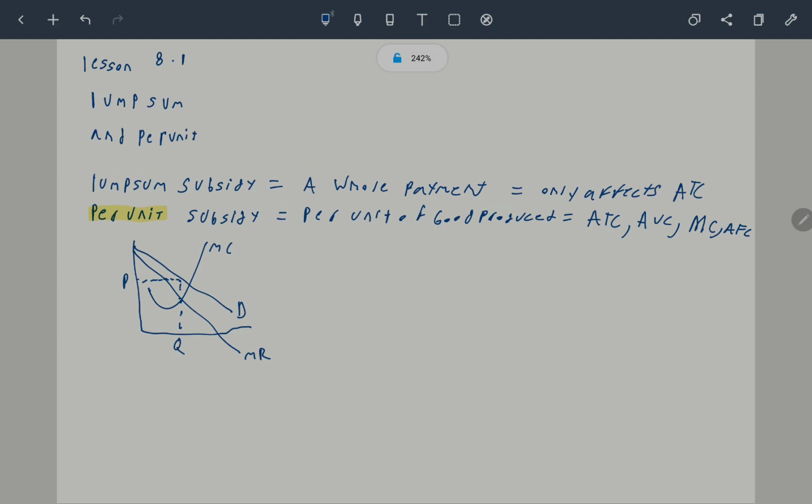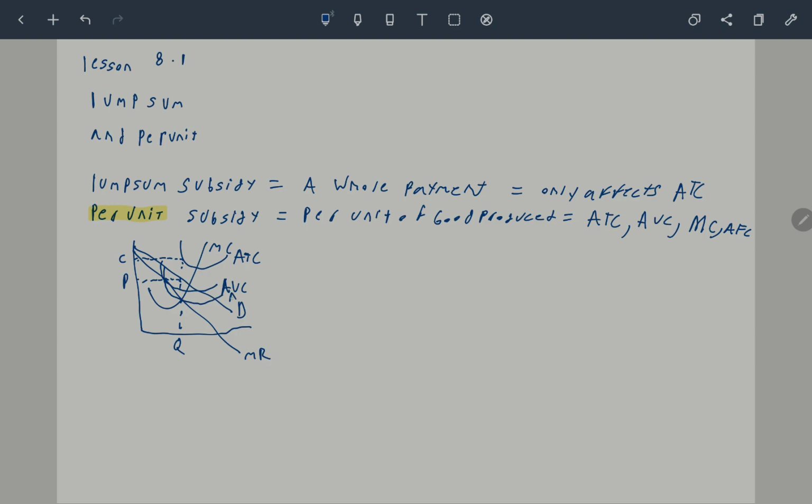Let's say we are operating at a loss, so our cost is all up here. When this subsidy hits, our costs are going to go down. So this is the ATC, this is the MC, and I'll do AVC as well. That's AVC.